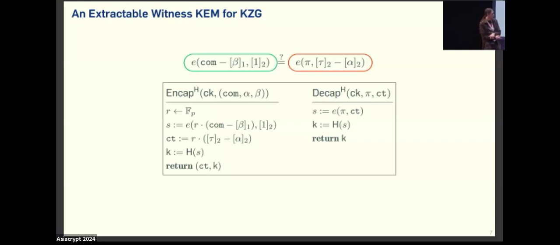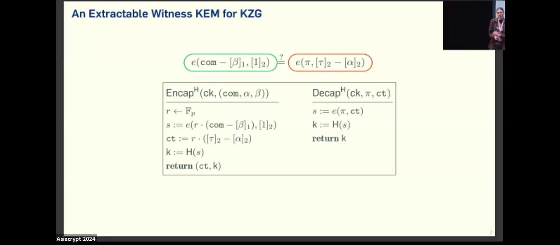And once we do that and send this to the decapsulator, the decapsulator now only needs to pair their own opening with the ciphertext. And what we will end up with is exactly the right-hand side of the verification equation multiplied by the r. Because of the bilinearity, it makes no difference where we multiply the r. And so then the decapsulator can re-derive the s and can then apply the random oracle to get the key K.